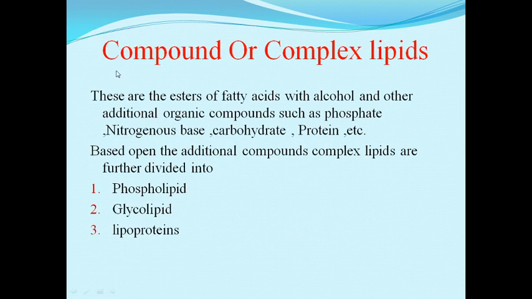Next, moving on to the second classification of fats and oil, that is compound or complex lipid. These are the esters of fatty acid with alcohol and other additional groups. That is called compound lipid. Where additional organic compounds are there, we call it a compound or complex lipid.